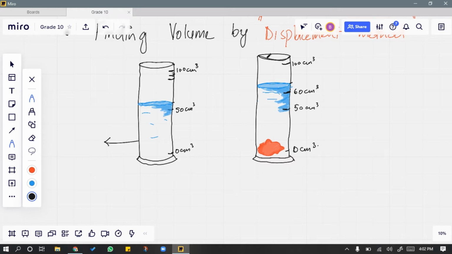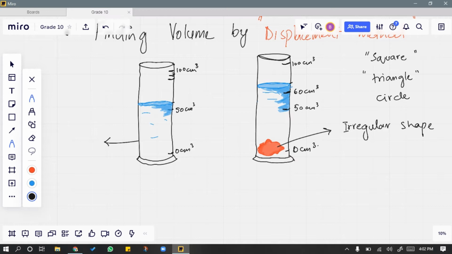The shape which you can see here is known as an irregular shape. For example, the shape of a stone, or anything which we cannot identify as a definite shape. For example, we have shapes known as square, triangle, circle.